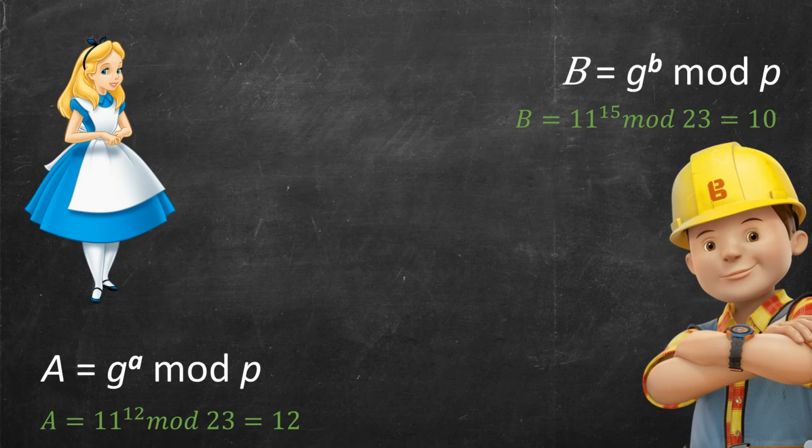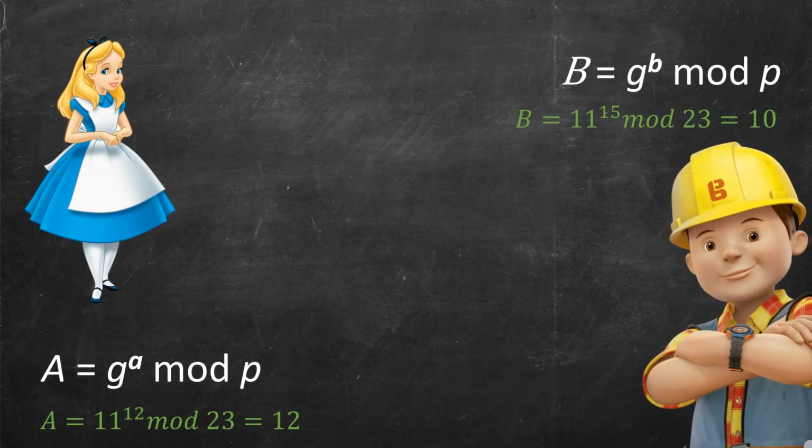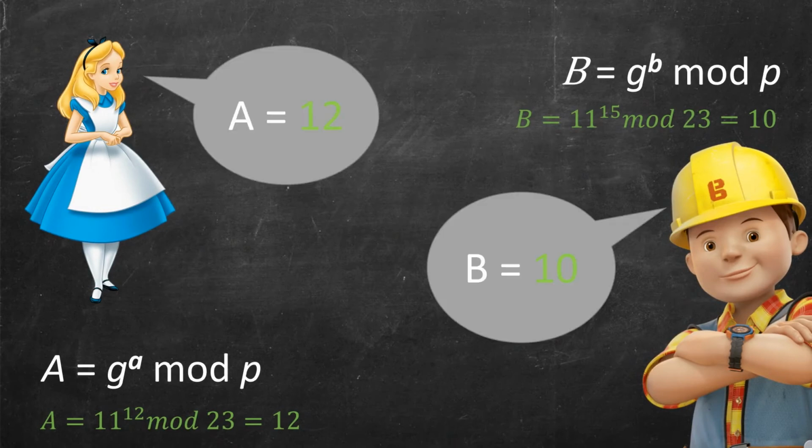So, if you pick a prime number for P that's massive, let's say 1 billion, then you've got 1 billion different possible remainders, depending on the other numbers. But I digress. So, Alice figured out what A was, and Bob figured out what B was.